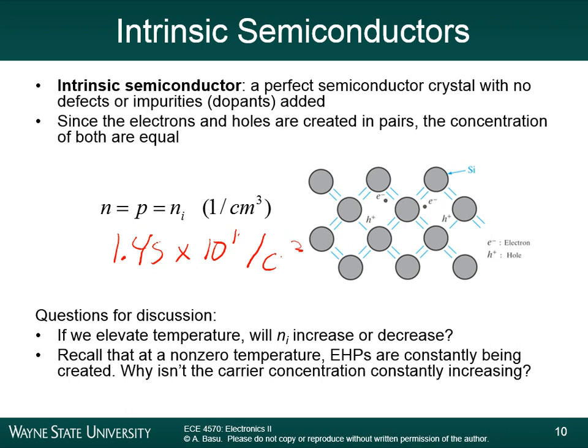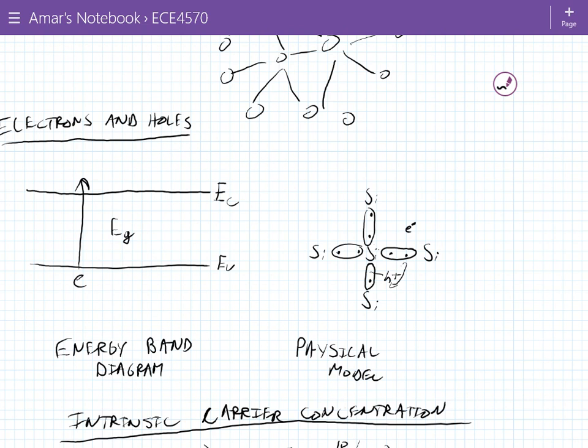Because what? They also recombine with holes. They also recombine. That's exactly correct. The reverse process also happens. Turns out that when an electron goes from the valence to the conduction band, it stays up there for some time, and then it eventually comes back down. And this process happens constantly. Electrons go up and then come back down.